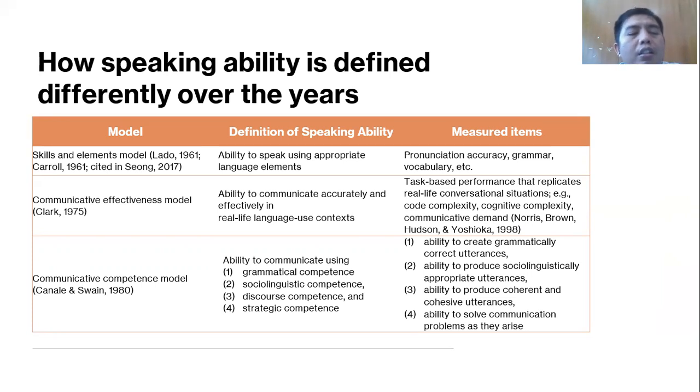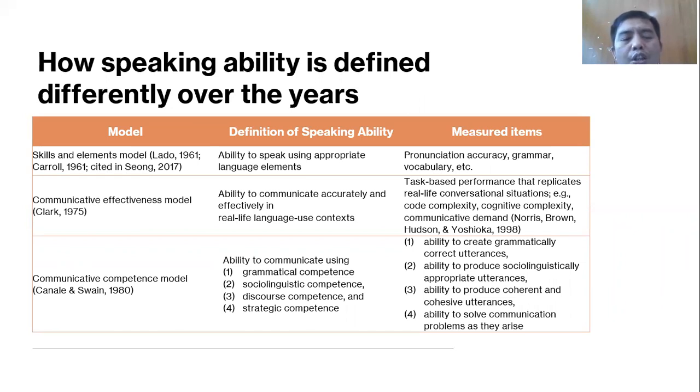Okay, and the last model, this is probably the most dominantly used model, is the communicative competence model, introduced by Canale and Swain. According to this model, speaking ability refers to the ability to communicate using grammatical competence, sociolinguistic competence, discourse competence, and strategic competence.